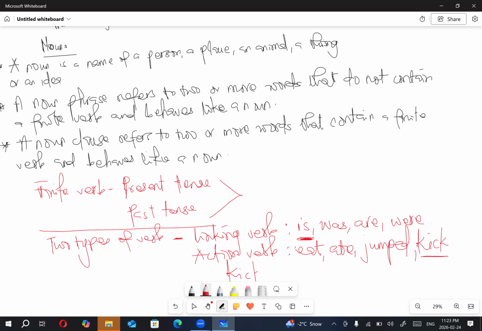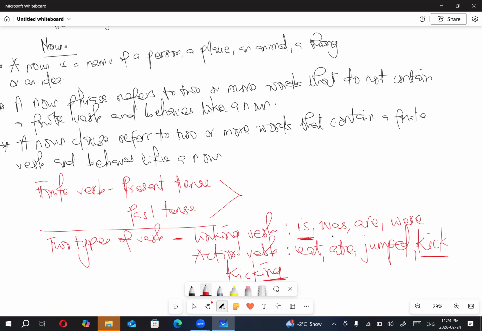Kicking. Well, kicking is coming from the verb to kick. Looking at the word, it was conjugated from the verb to kick, and the past tense of kick is kicked, with ed.